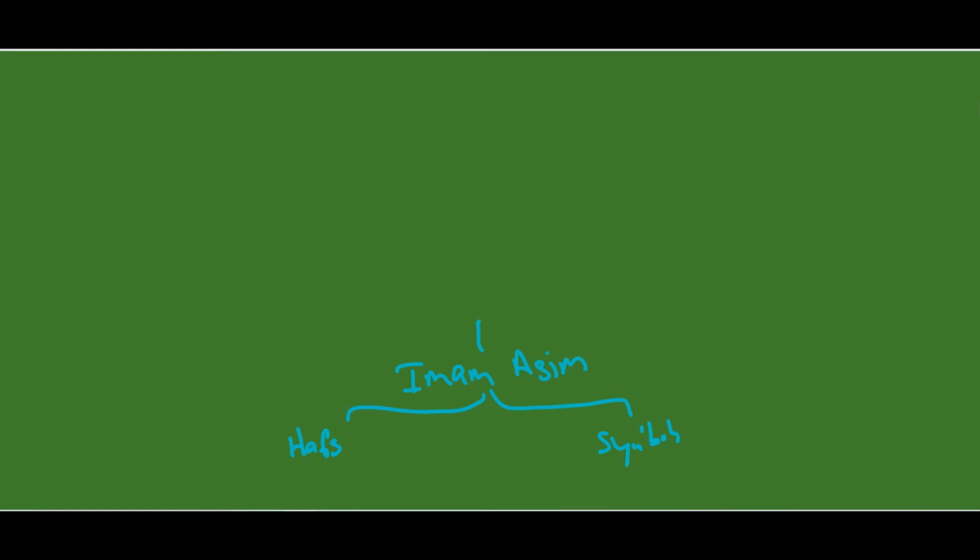Tabi'in means someone who witnessed the Sahabah, saw them and learned from them. Imam Asim learned from the tabi'in. So Imam Asim had two great teachers.